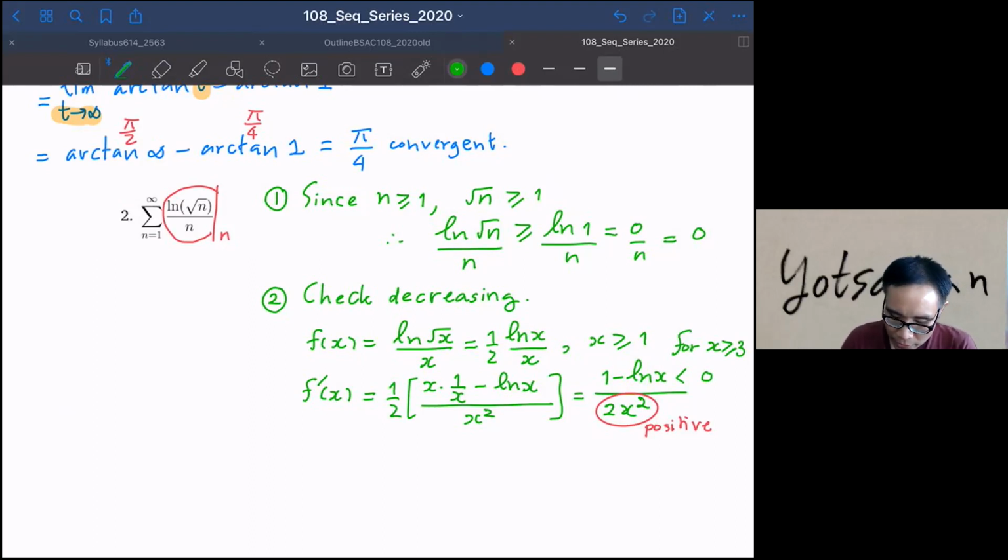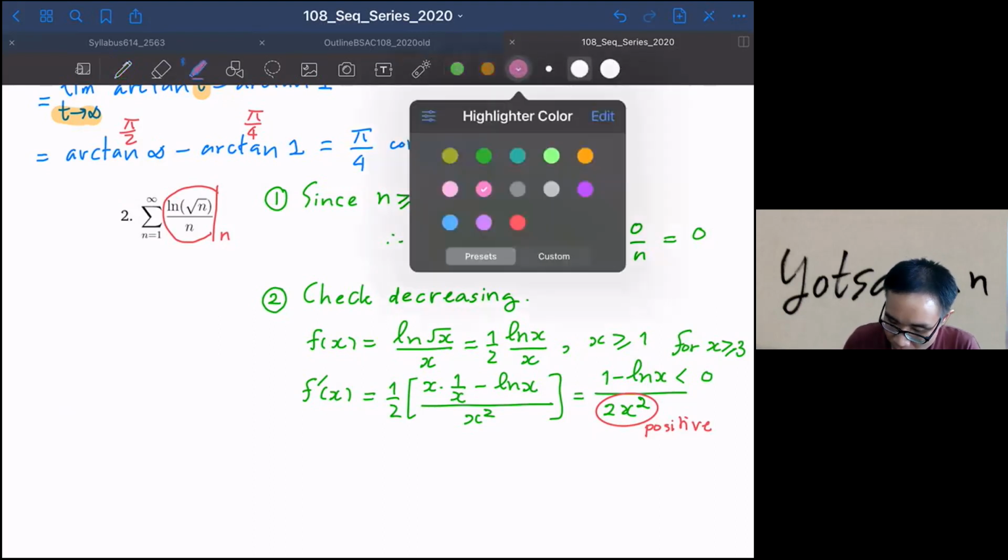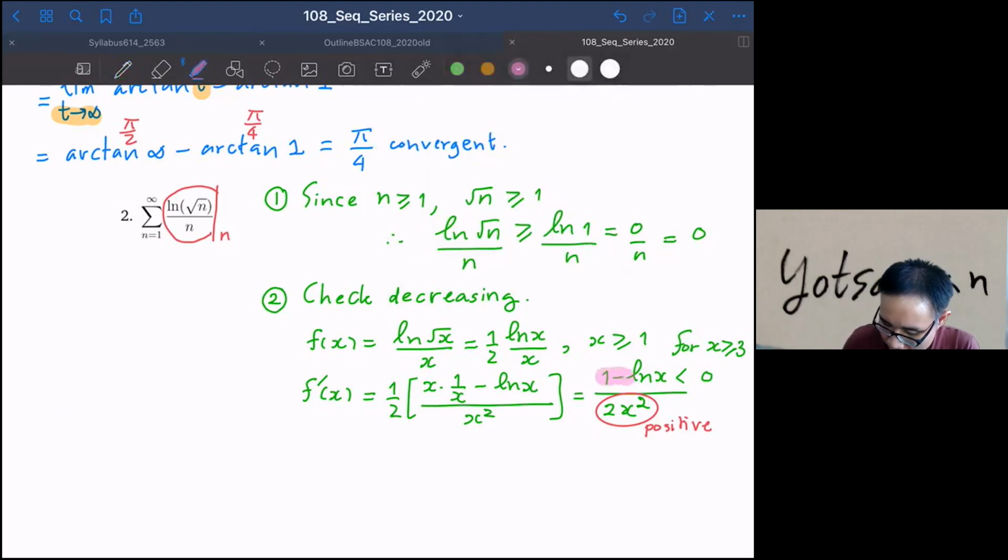So you see this term first. However, the first two terms of the sequence are not less than 0. However, if you continue to the third term, the fourth term, the fifth term, and so on, it's going to turn out to be decreasing. So that's okay for using the integral test.